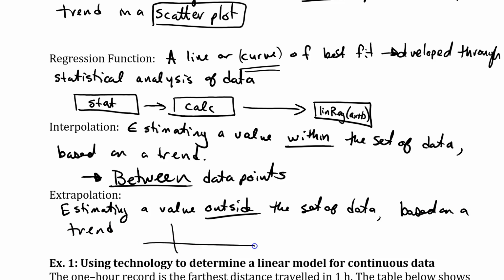So if I was given data points from this portion to this portion, interpolation would be finding points in between, and extrapolation would be finding points outside.